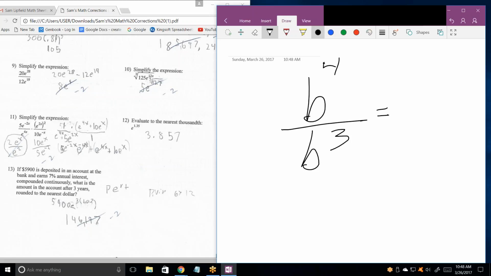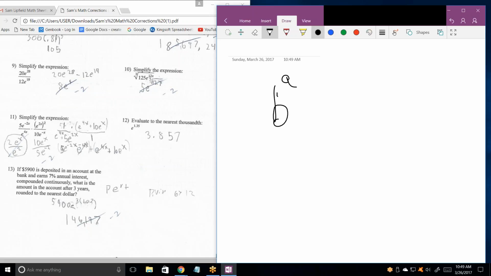B. Correct. In other words, what do you do with the exponents? You get rid of them? You subtract them. You don't get rid of them. There's no getting rid of it. If this would have been b to the 5th divided by b to the 3rd, that's b to the 2nd. There are rules of exponents. Okay, let's go over them.